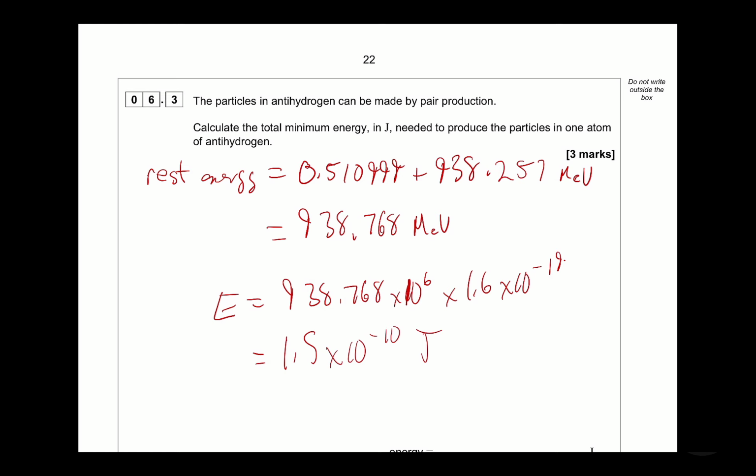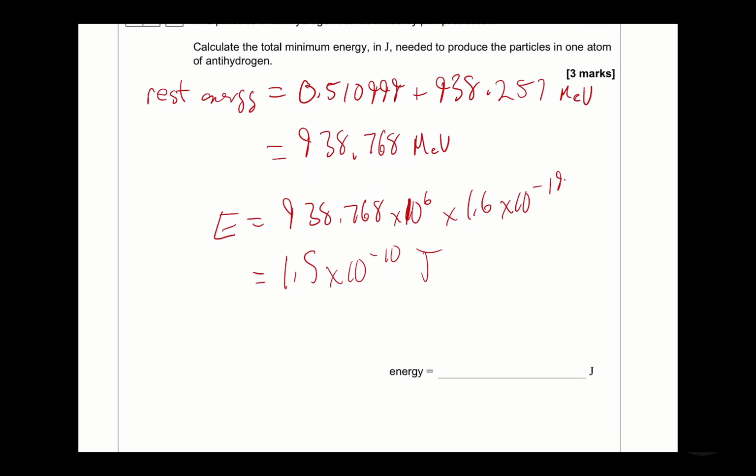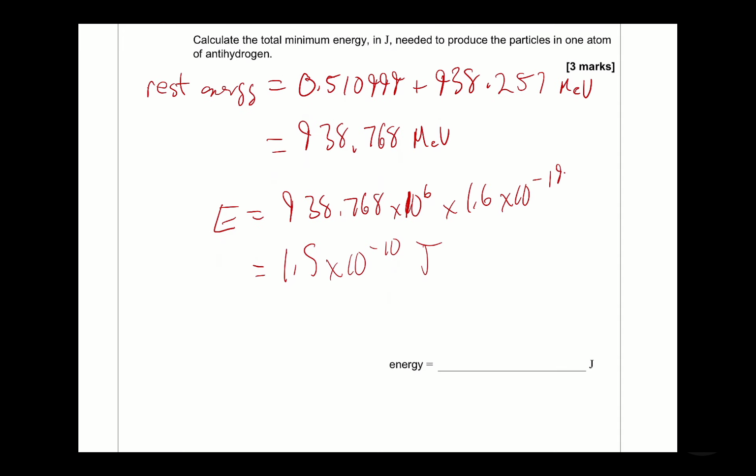However, that's the minimum mass energy. The reason it has to be double, you need pair production, is conservation of charge. If you're making a positive, you have to make a negative at the same time. You can't just get charge from nowhere. So yeah, that's pretty much it.